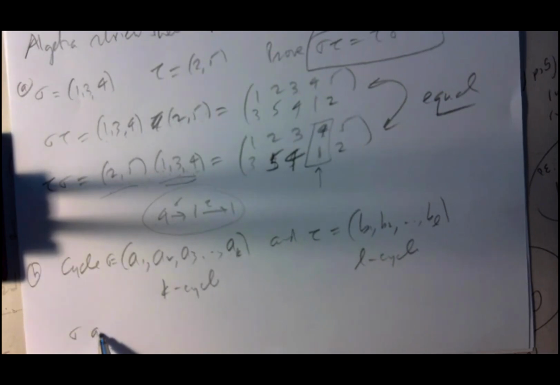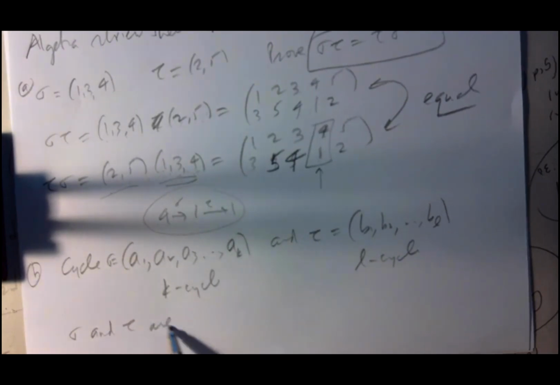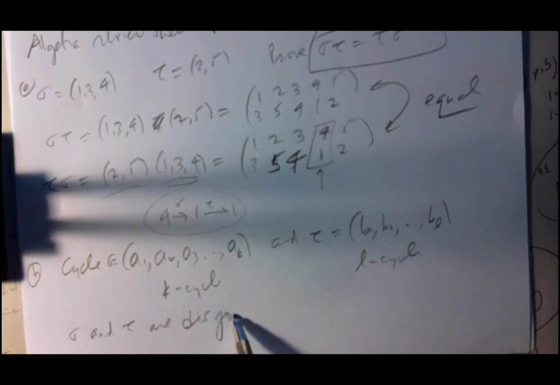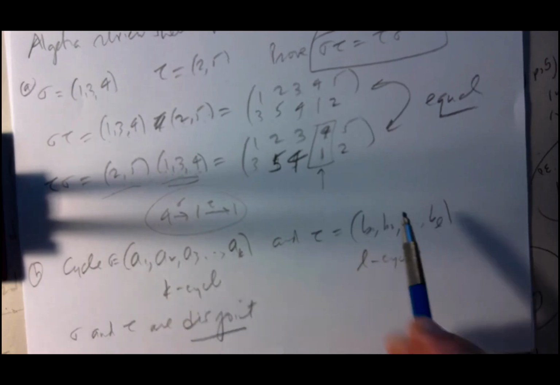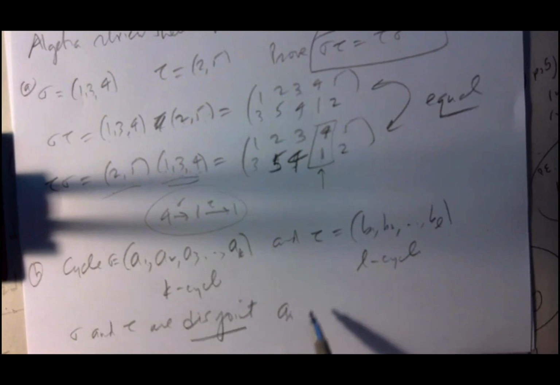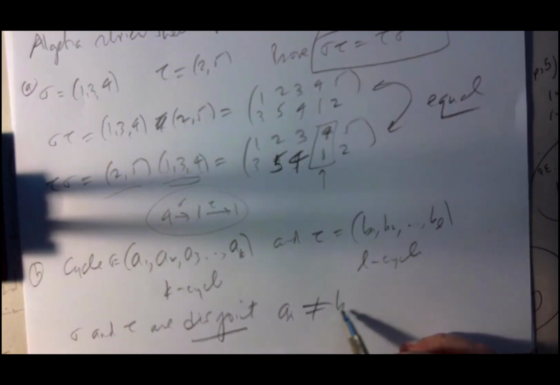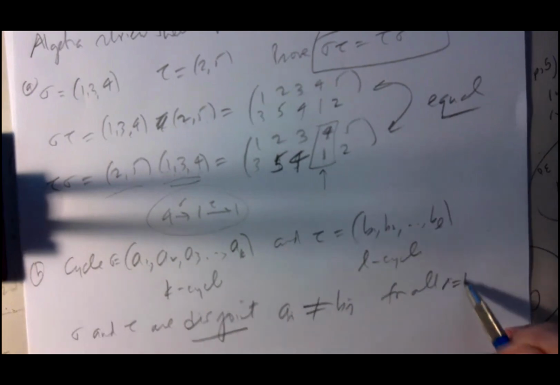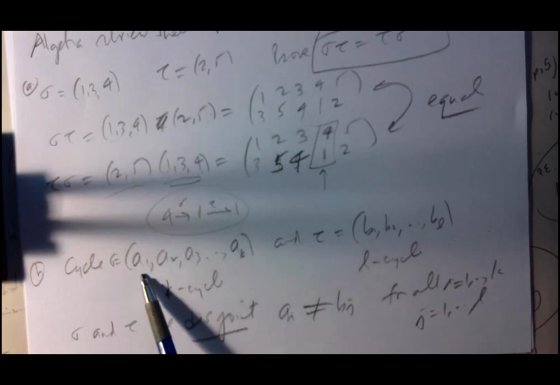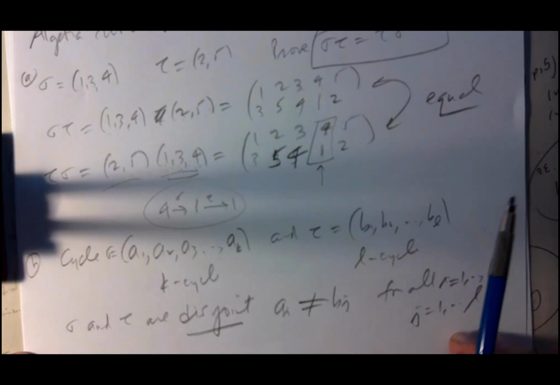So sigma and tau are disjoint, this is the definition, if these numbers are different from all of these numbers. So if Ai is different from Bj for all i going from 1 up to k and j going from 1 up to L. These numbers and these numbers don't share any numbers, nothing in common.